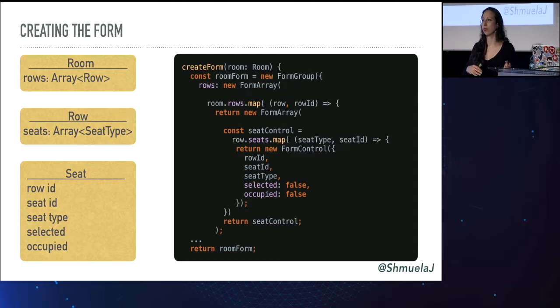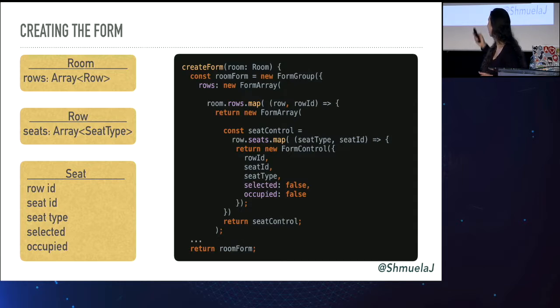But I wanted to have more information about the seat, and I decided to put it here with the value of the form control and not get it from an outer source, for example, from a service or as an input to this control, because it's more comfortable for me to have everything together in the control. And so whenever I need to get this data for validation, for example, I know that it's there in one place. Okay. You may choose to do this otherwise.